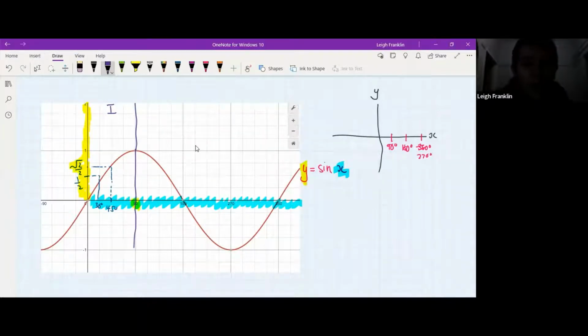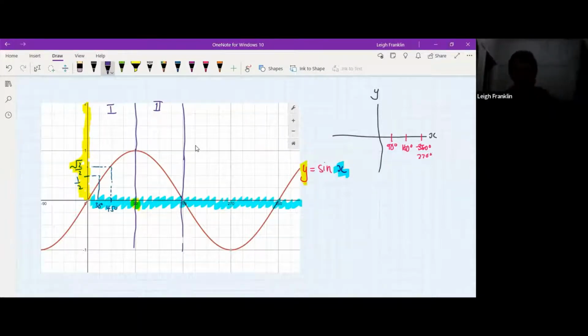Now have a look in quadrant number 2, between 90 and 180. Can you see again, our curve is above the x-axis. So all our outputs that are generated by this function are above the x-axis, so they're generated in a space where y is positive.